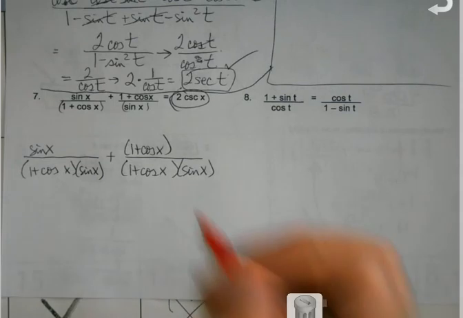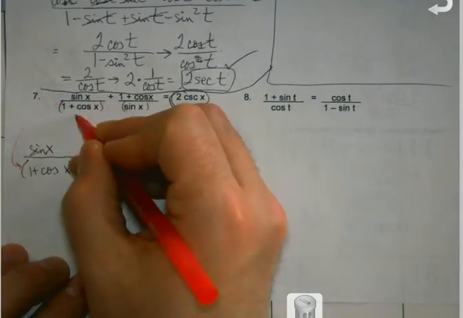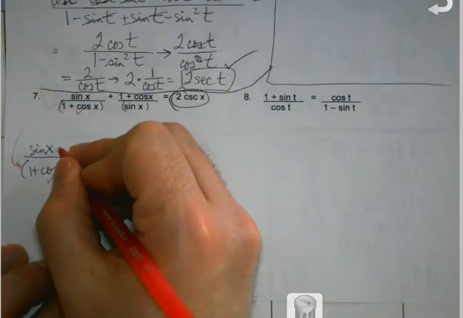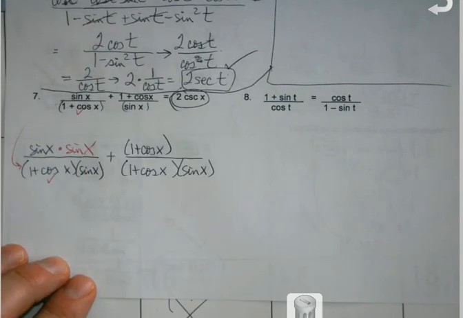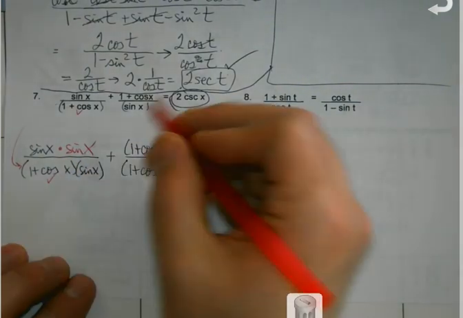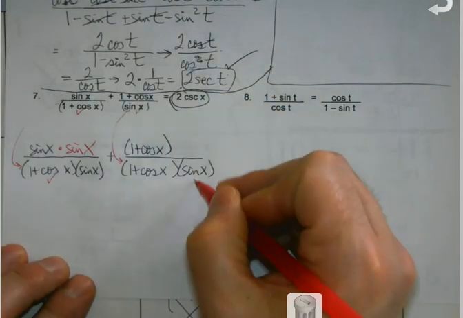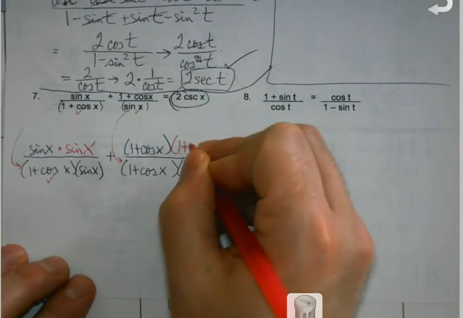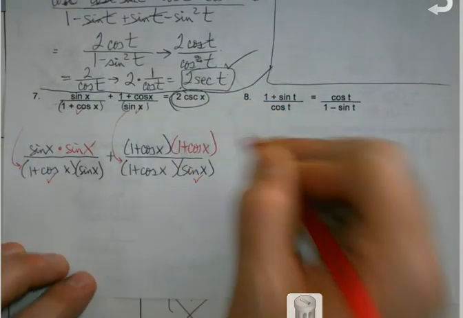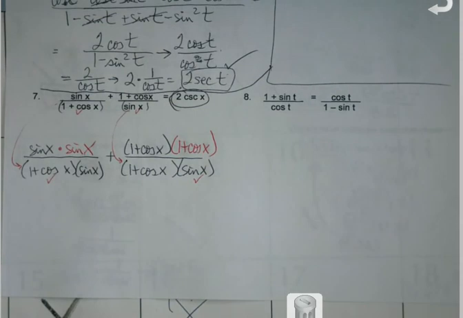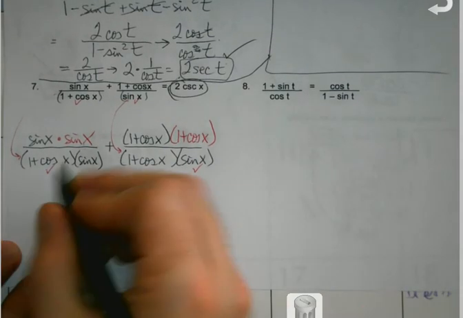And now again, I just kind of look and say, okay, already got the 1 plus cosine part. Need another sine of x. Already got the sine of x part. Need another 1 plus cosine of x. That is some pure ugliness.